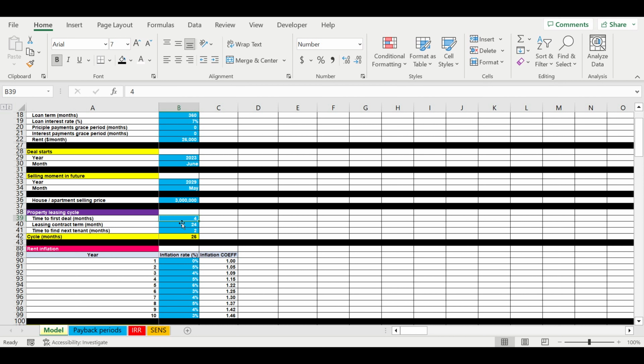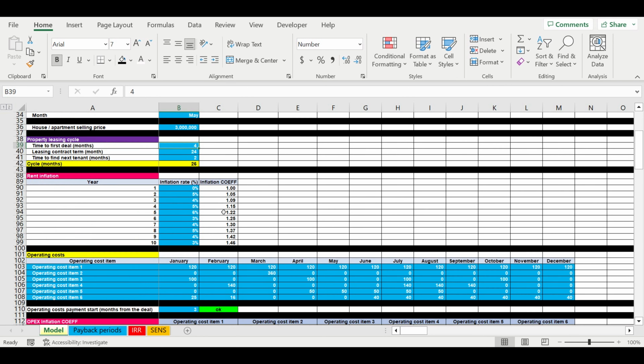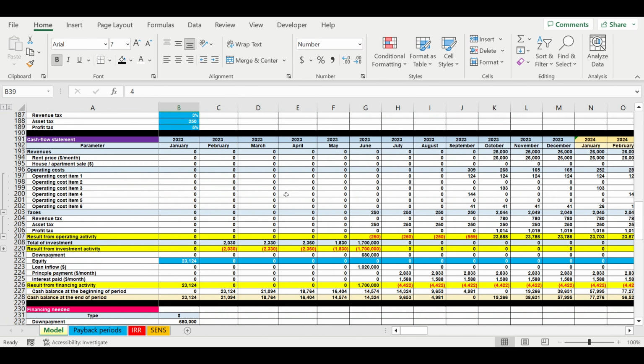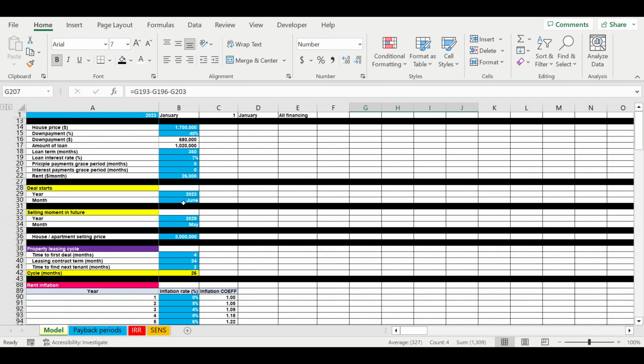So this will produce some operating losses, like for example, for these 4 months, if we go to the cash flow statement, we have these 4 months of operating losses, and the financing needed for this business idea will be calculated from investment stage expenses plus operating losses during these 4 months till we find the first tenant.